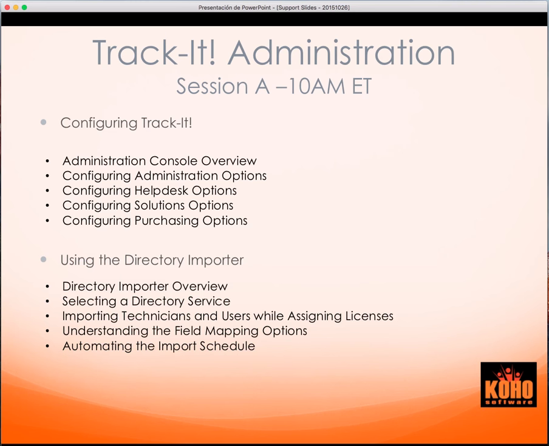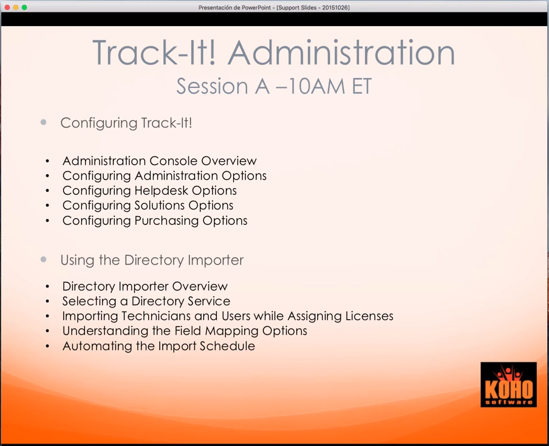So for session A, for this morning, we're going to be looking at the configuration of Trackit. We're going to concentrate on the administration console, and it's going to be more of an overview. There's going to be a detailed tour of the administration console and some of the elements in the last session, but we're going to be looking at an overview.